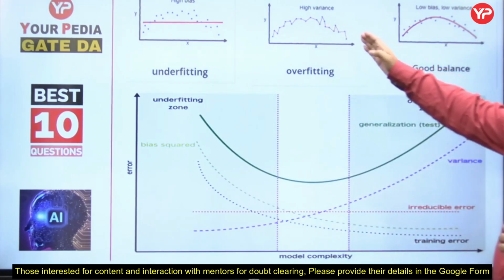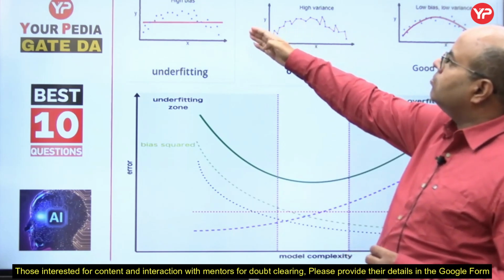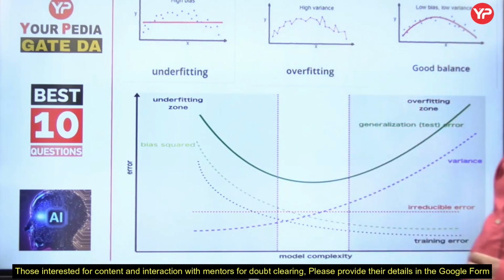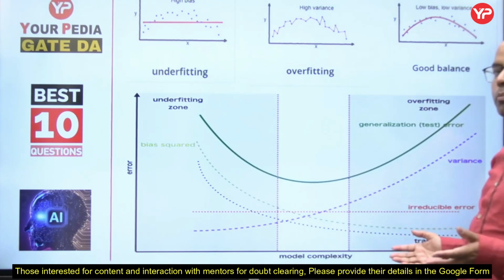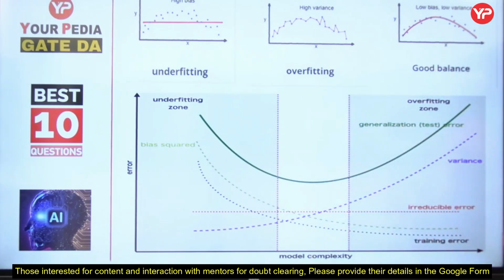So this may seem a very good situation. Here, bias will be very less. It may be 0 because there is no bias error. But the problem is now high variance will come. Why will high variance come? See, this is the ideal situation. We have fitted the data, but there are some outliers, the points which are lying outside.